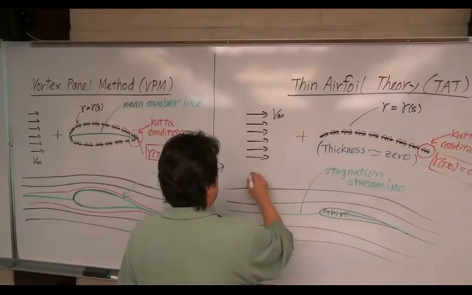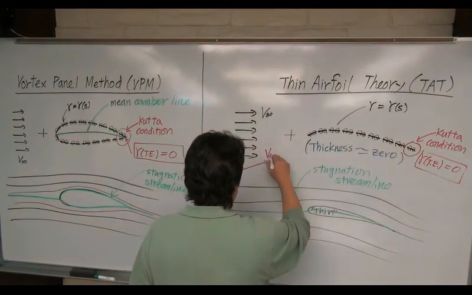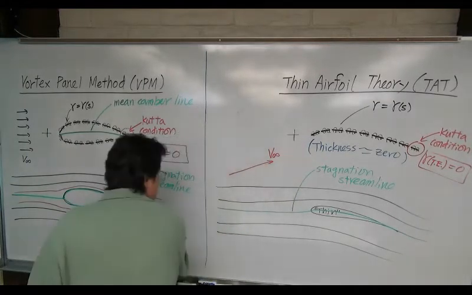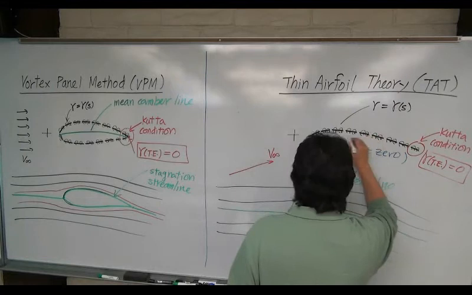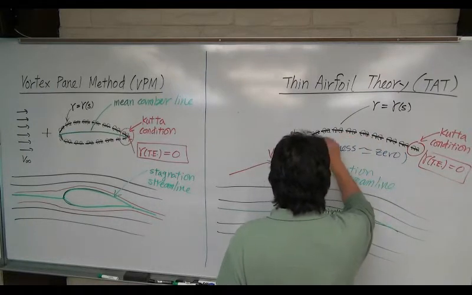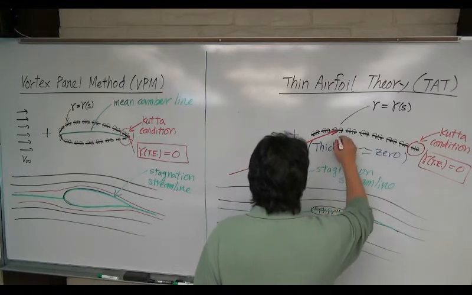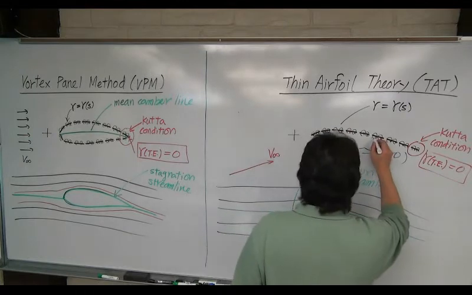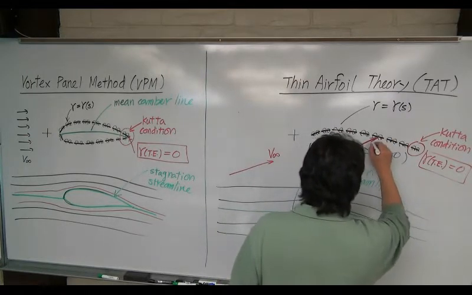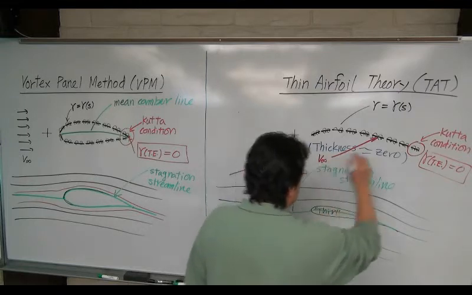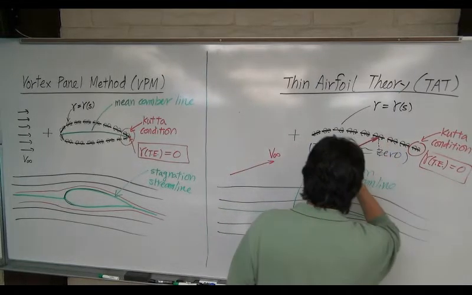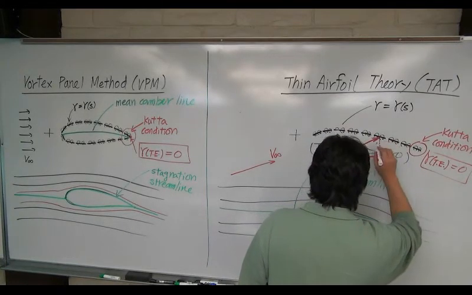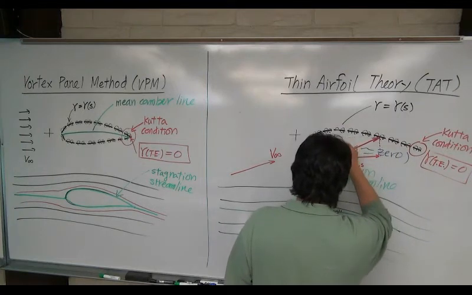suppose the velocity is incoming V infinity with an angle of attack. If you look at this panel, this is the incoming velocity, V infinity. This is going to be two different components.